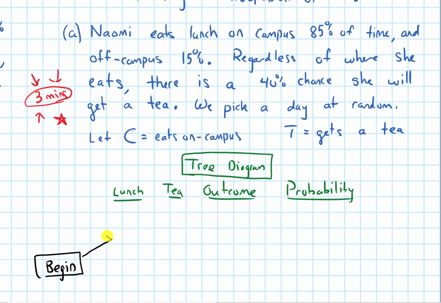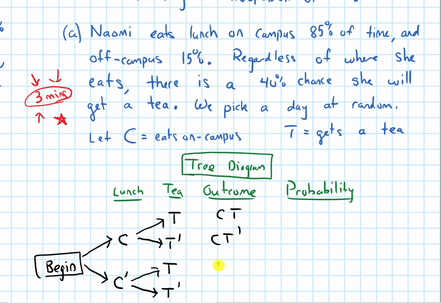For the lunch spot, she could either eat on campus, which is C, or not on campus, which we could call C complement. And then from each of those, either she gets a T, or does not, which is T complement. Same thing from C complement. So the outcomes are CT, C T complement, C complement T, and C complement T complement.